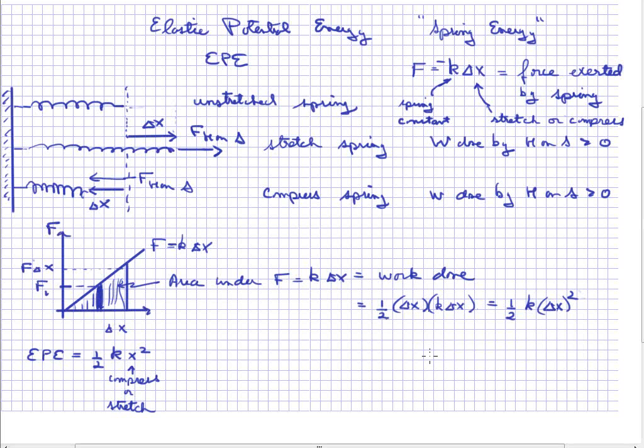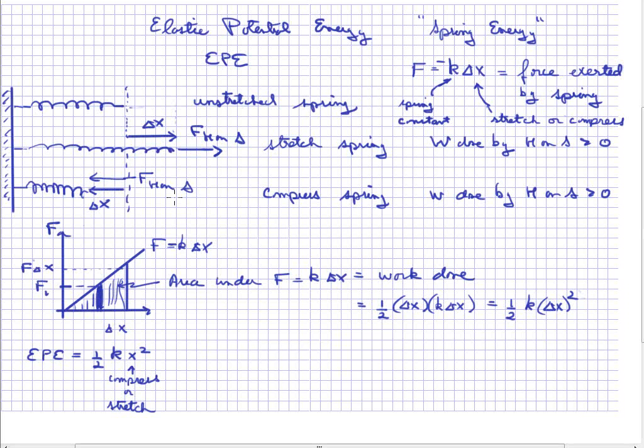And in a similar spirit to what we did for gravitational potential energy, my hand, if it stretches the spring or compresses the spring, is adding energy to the spring system.